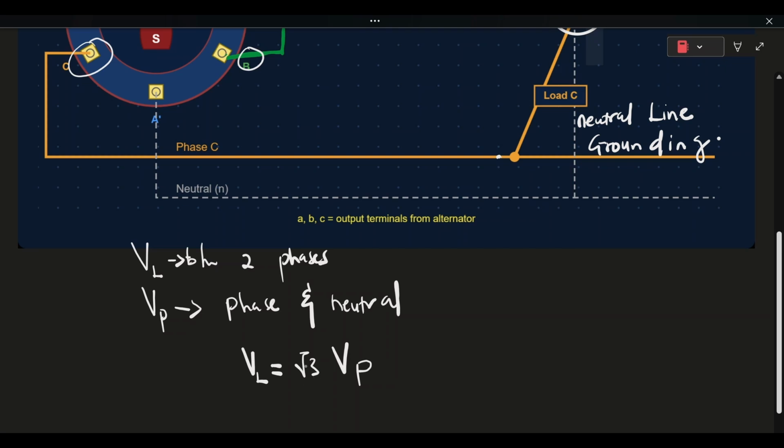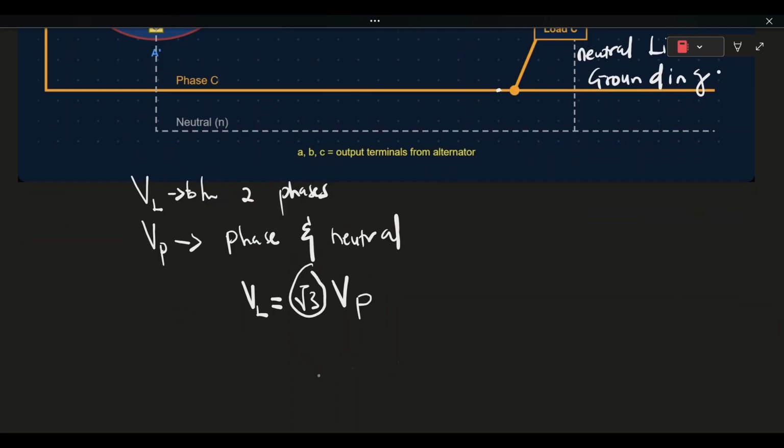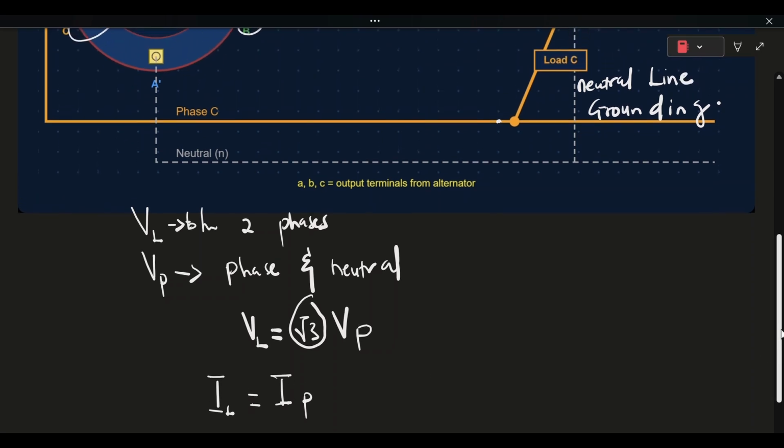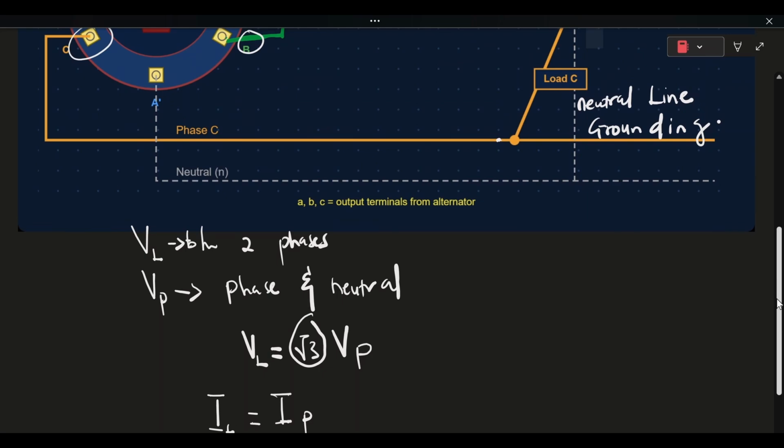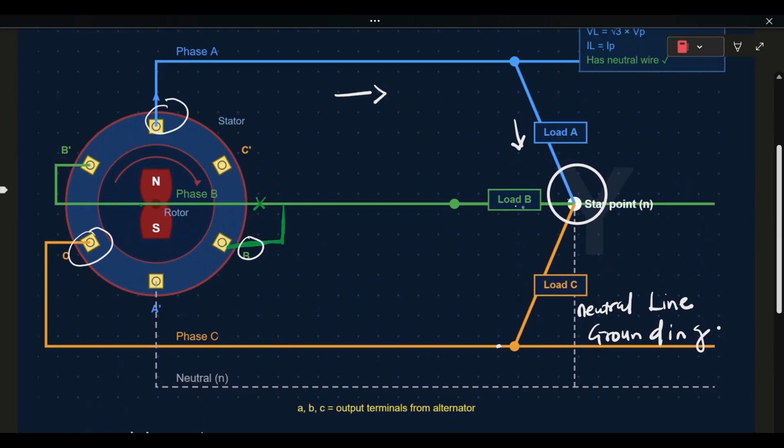And our line current IL is equal to our phase current. So now our line current IL simply refers to the current moving from our source to our load. And as you can see here, each line directly feeds the load.